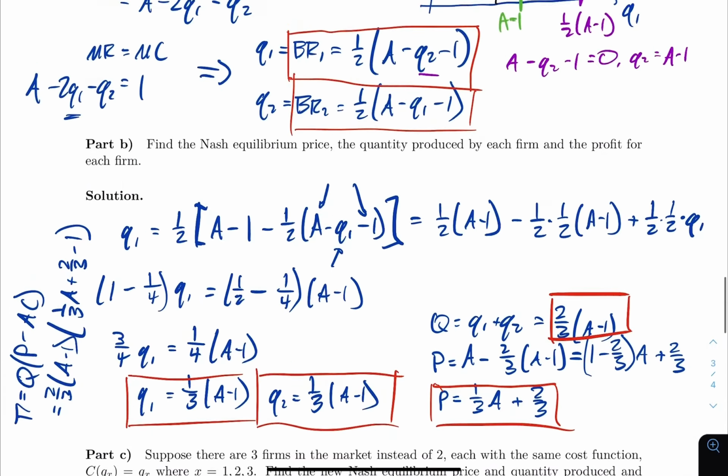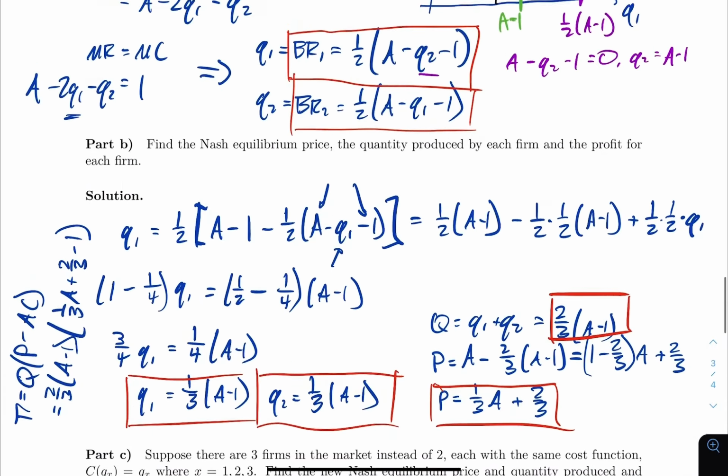We've done all this math above. The only difference is that we have a Q3 and it gives us a Q3 here. So that's the only difference in the problems here.